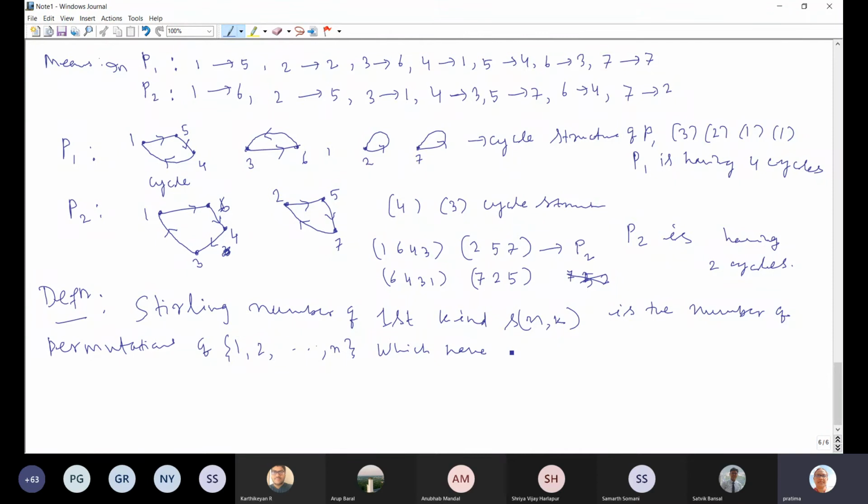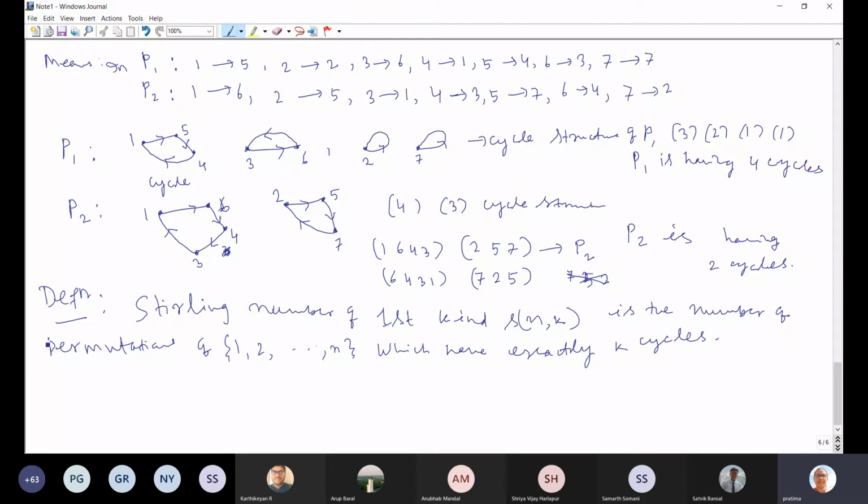So that many permutations of this set, these permutations have exactly k cycles. Okay, we'll see one example.